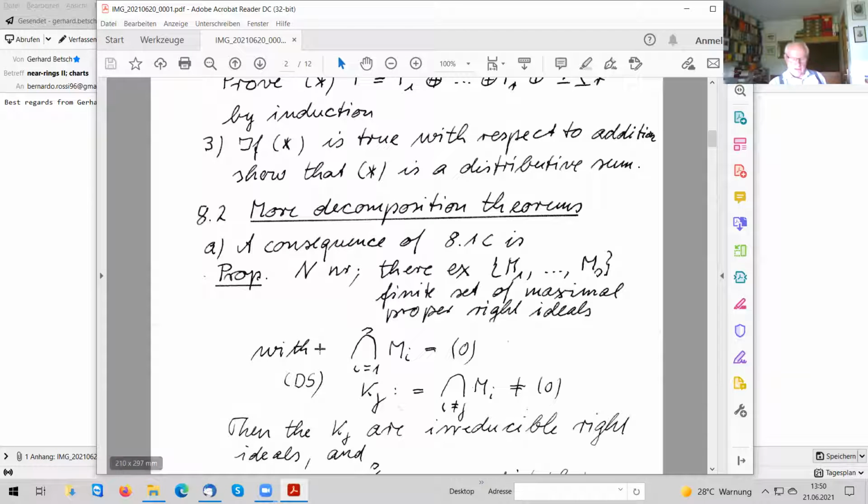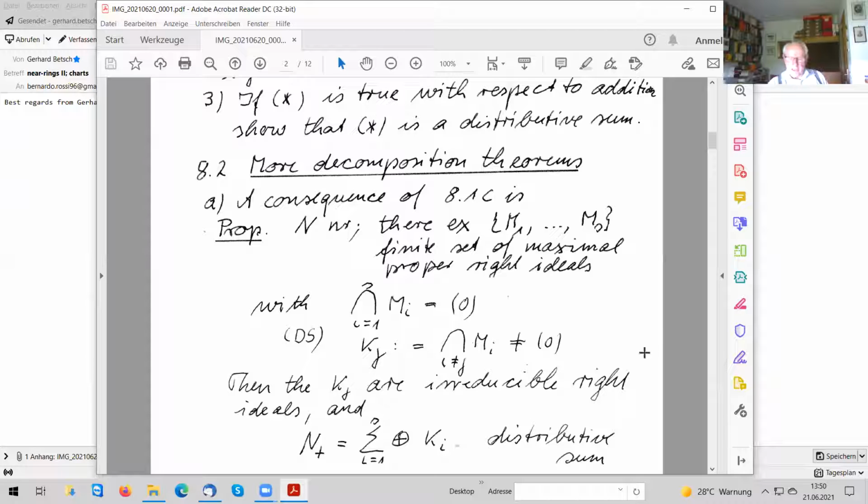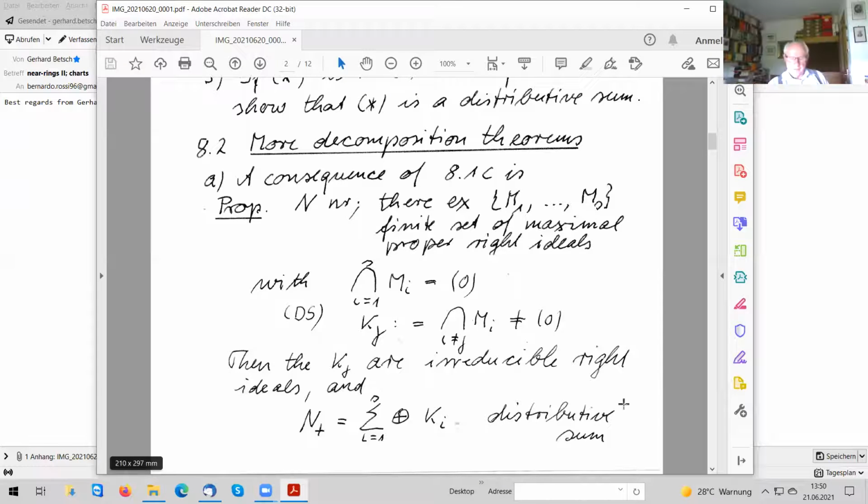I call this combination of conditions DS, distributive sum. Then the Kj are irreducible right ideals. We have a Near-ring, and n is the distributive sum of these irreducible right submodules. This is a distributive sum of irreducible right ideals.